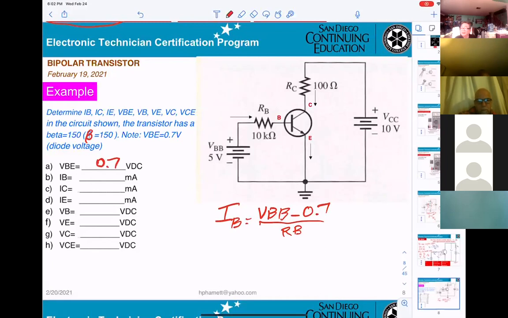The next one will be 0.43. IC equals beta times IB, 150 times IB, 64.5. 64.5.